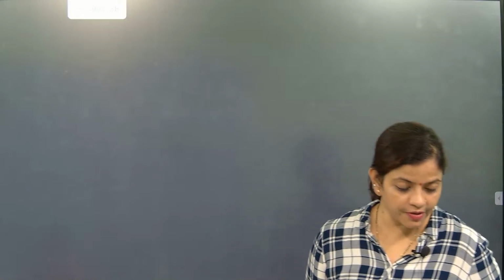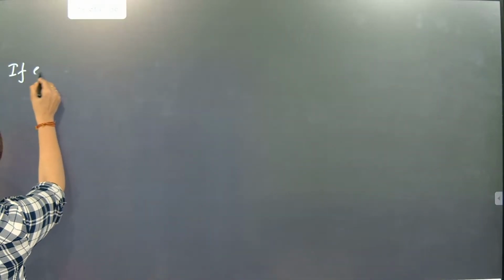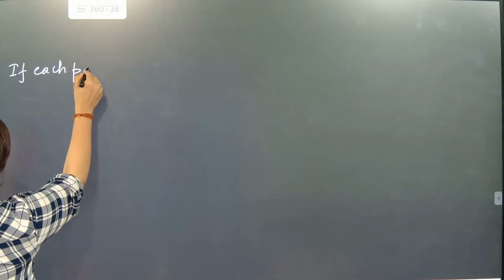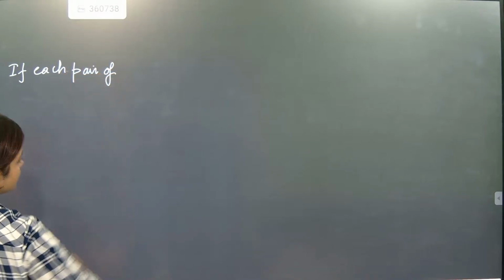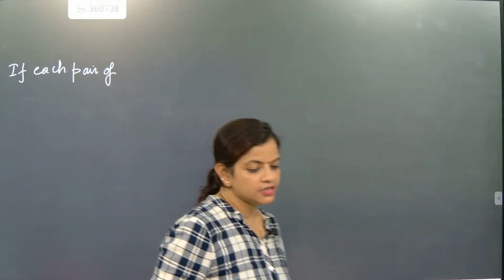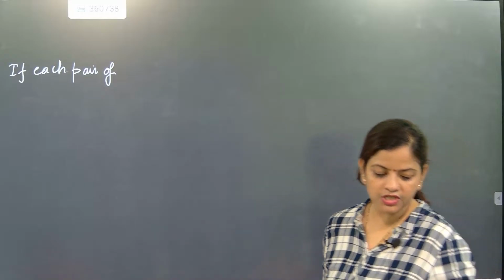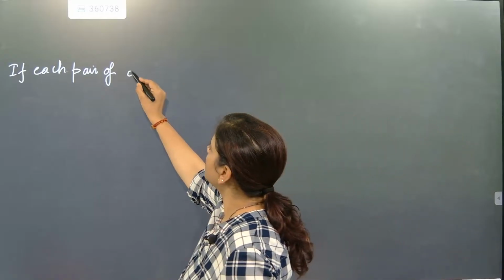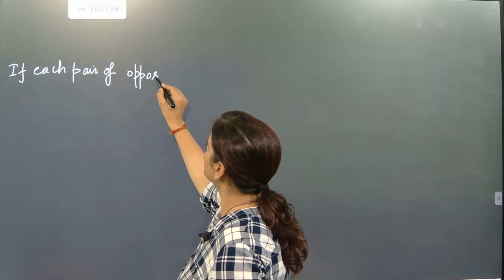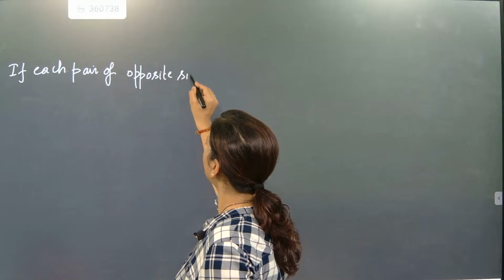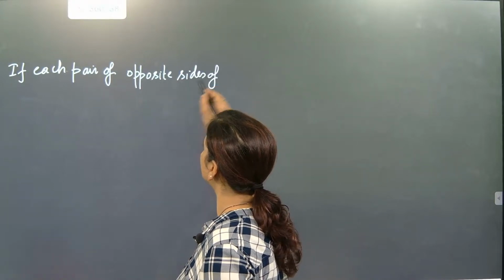Next question, note down. Our next question is: if each pair of opposite sides of a quadrilateral is equal, then it is a parallelogram.